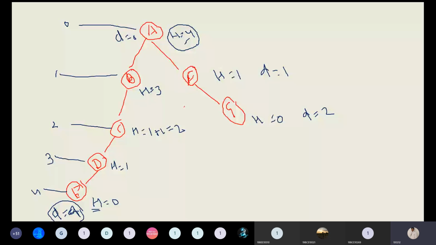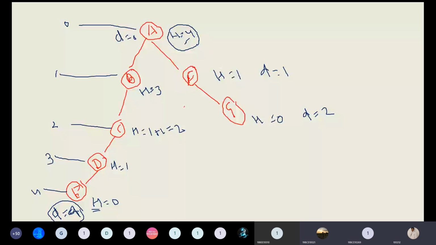Height of the tree will be counted from its deepest node, the deepest or farthest leaf node. Is it clear to all? Now this part is clear to all?